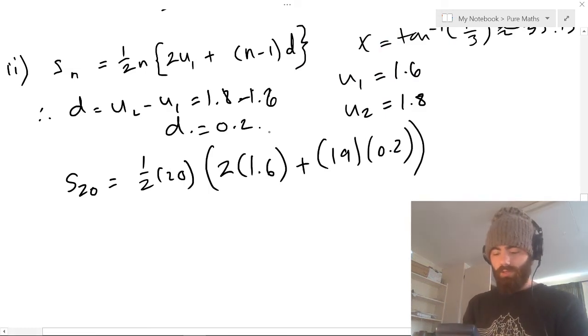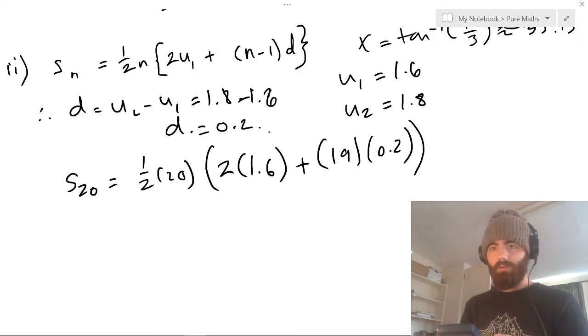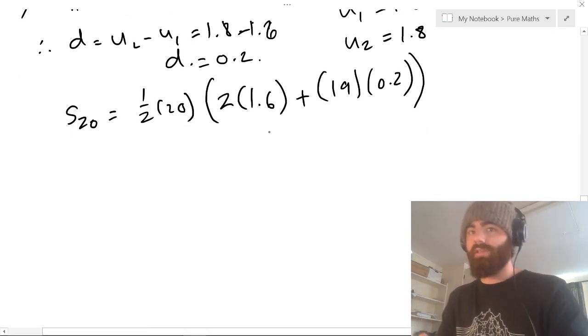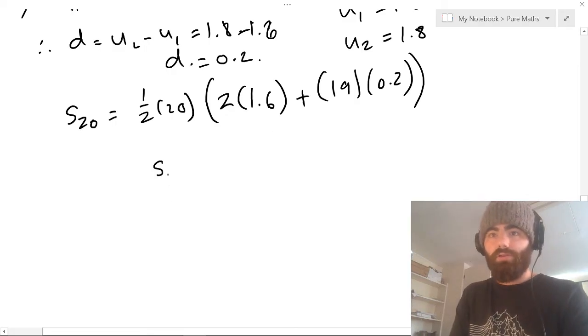So you get 10 times 7, which is 70. So your answer is 70. It's just a matter of substituting those things in.